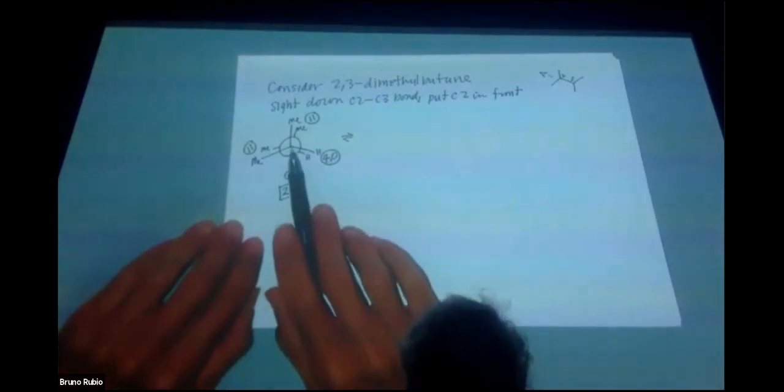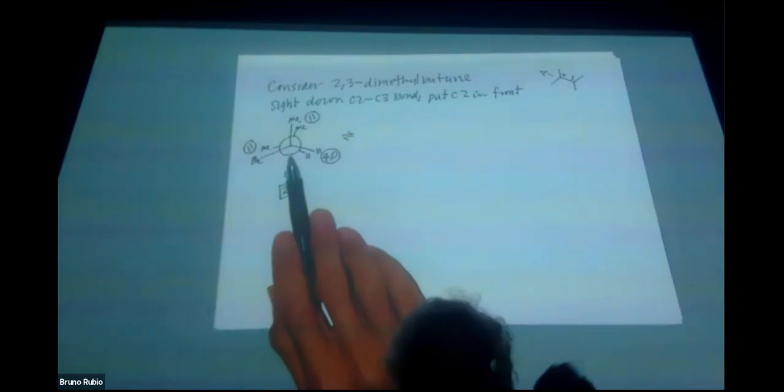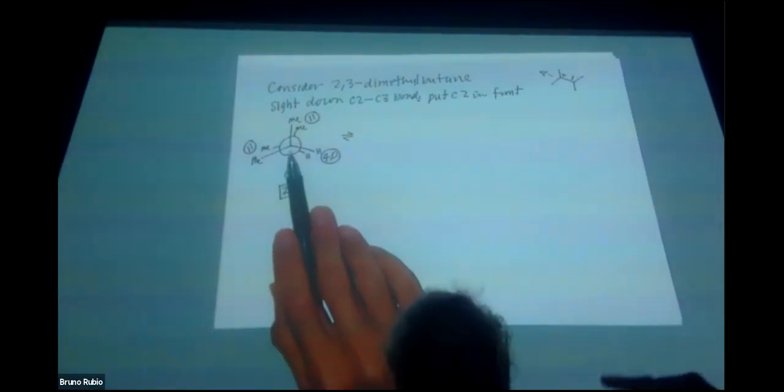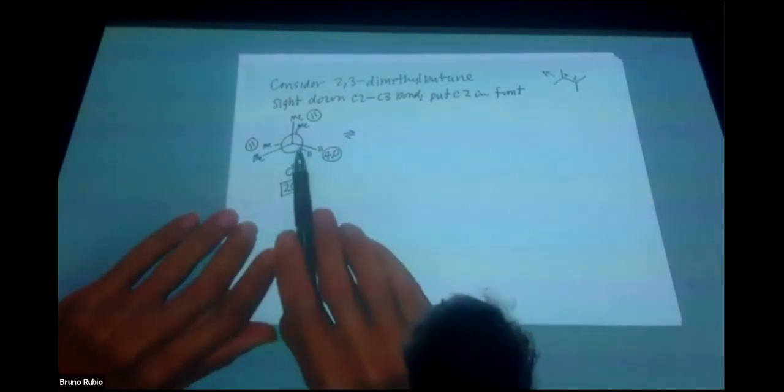Okay, so now what I'm going to do is leave the carbon in the back alone, and I'm going to diddle with the carbon in the front. You don't have to do it this way, but this is just going to end up the prettiest picture.